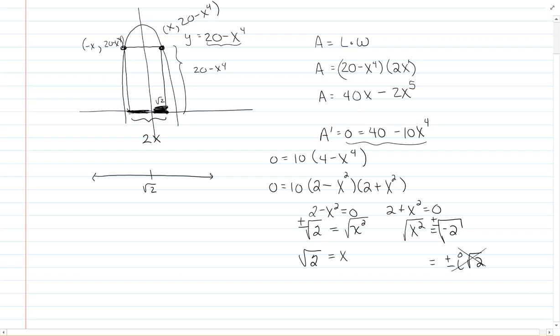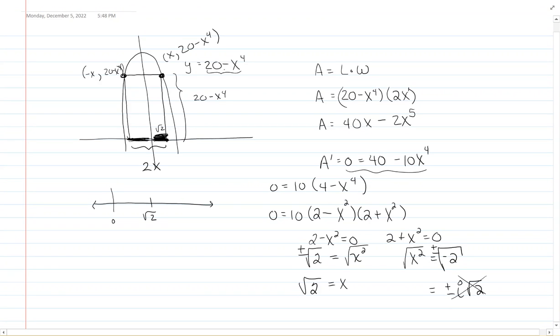So this is where I pick a point on either side. Now you can't pick any random point because you can't go smaller than 0 on your x. You can't have a width less than 0. And as big as you can go, you can't go super big either, because your height can't be a negative number. So like I can't plug in x equals 10, because 10 to the fourth is super huge, and 20 minus super huge isn't going to work.